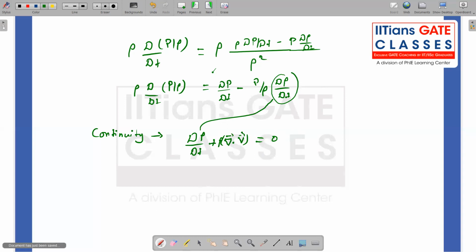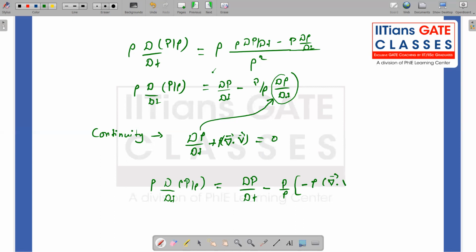That gives me rho times d/dt of (P/rho) equal to dP/dt minus P/rho times minus rho divergence of velocity.